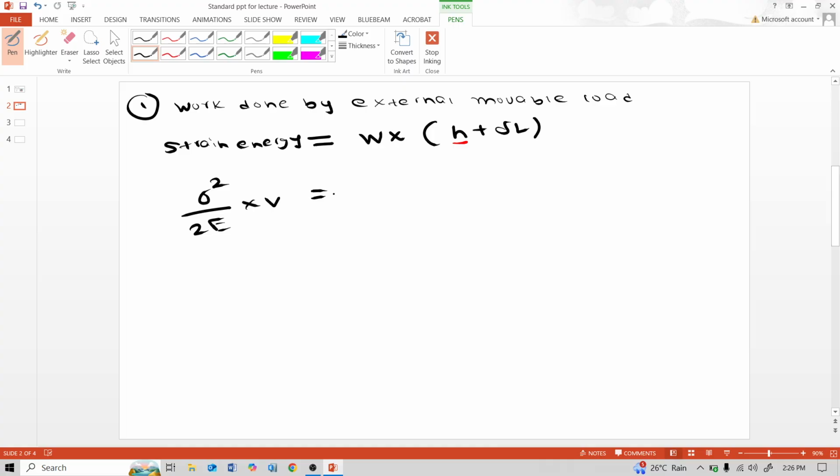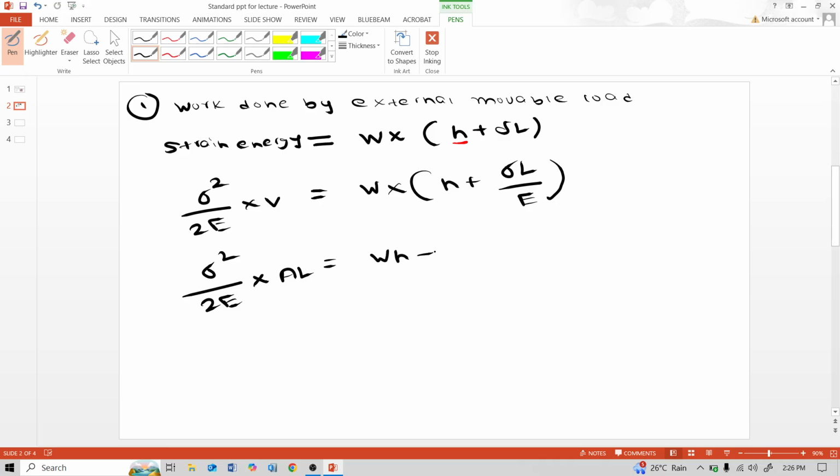So W as it is, H, and this delta L is sigma L upon E. Sigma square upon 2E as it is, multiplied by volume, that means area into length. Multiply W into the bracket, that means WH plus W sigma L by E.